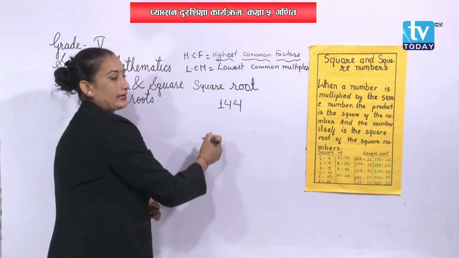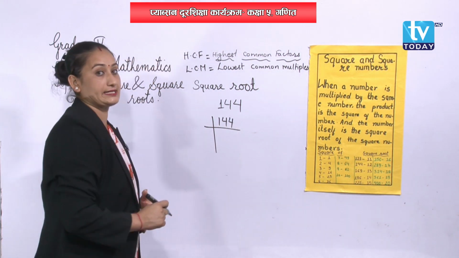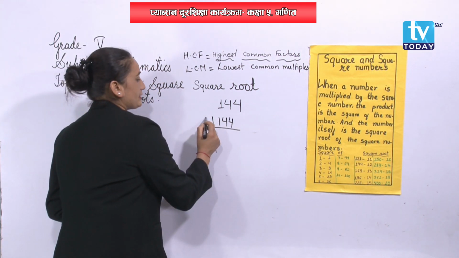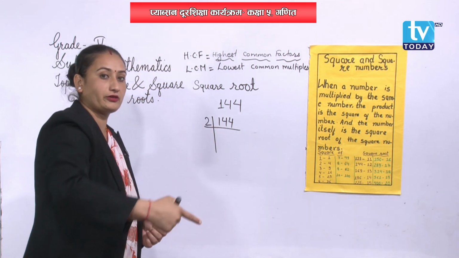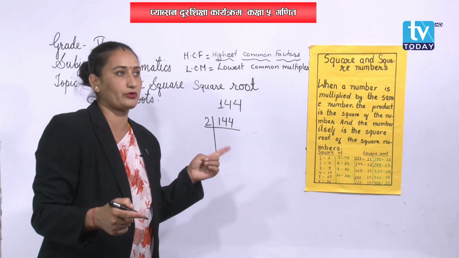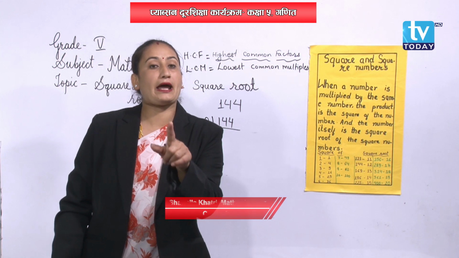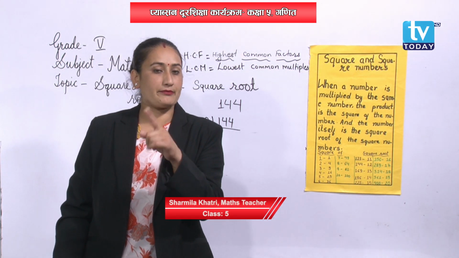Have a look how to find out the square root of 144. Same process, same way you can write it. So, let's divide 144 by the first prime, that is 2, because it's an even number, right? We are going to factorize that number through prime numbers. The even prime number is 2.